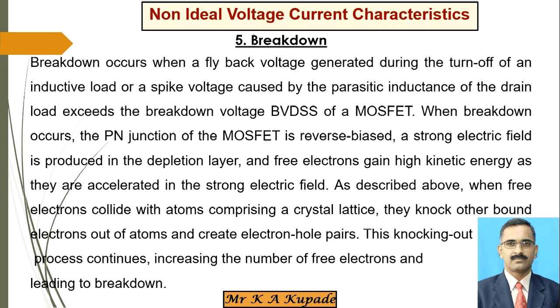Now, the next point is breakdown. Breakdown occurs when the flyback voltage generated during the turn-off of an inductive load, or spike voltage caused by the parasitic inductance of the drain load, exceeds the breakdown voltage BVDSS of the MOSFET.